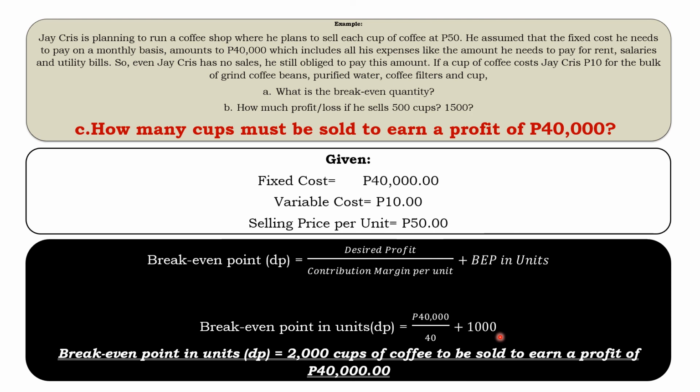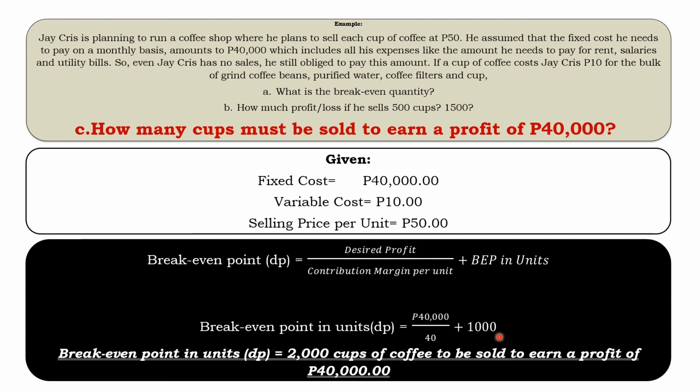So to divide 40,000 by 40 pesos, that is 1,000. And then let's add the computed break-even point in units earlier, that is 1,000.